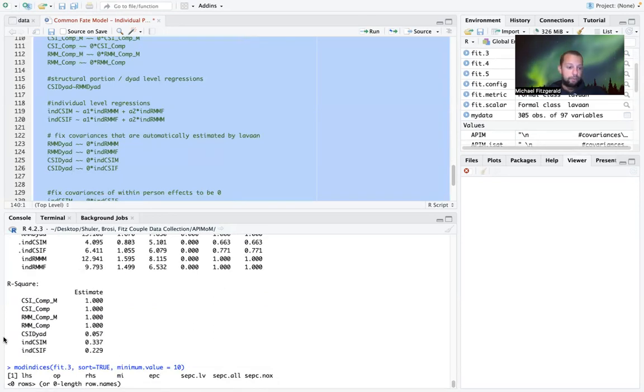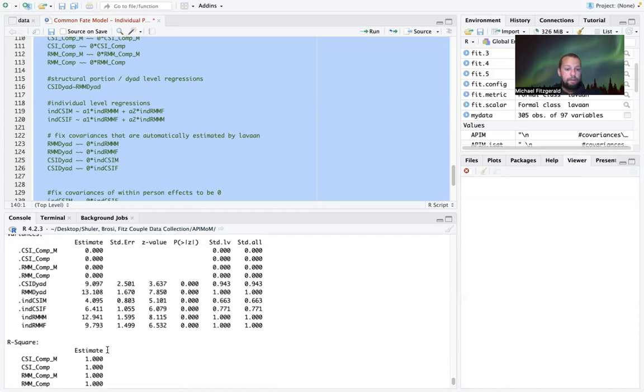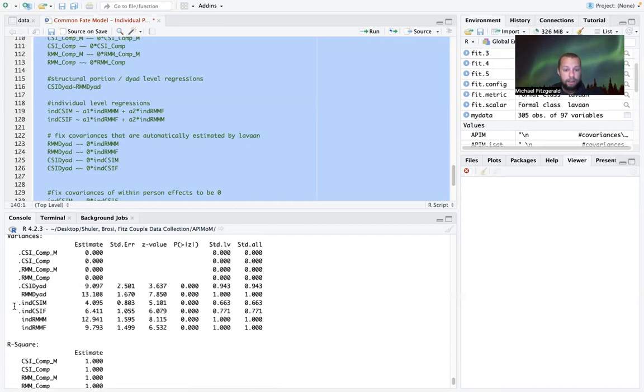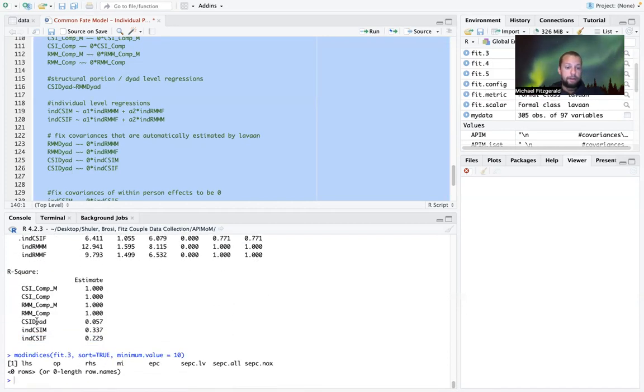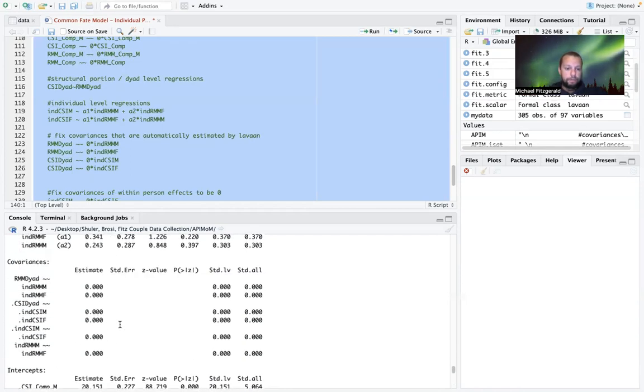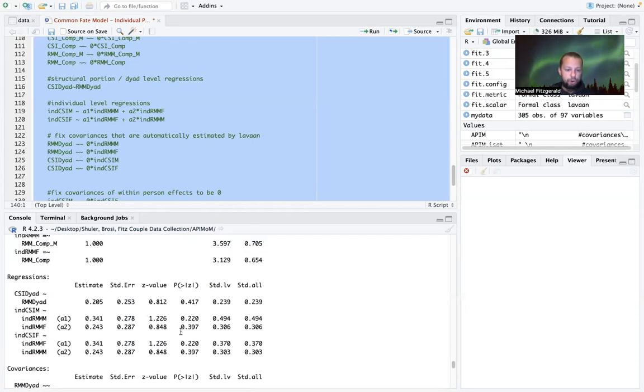The only major difference that you will notice compared to the other models is the explained variance within those individual parameters. They got significantly higher. Previously, this was around 3%, and this was just under 1.5%. So including the partner paths and constraining the actor paths and the partner paths to be equal did shake up the amount of variance accounted for, but none of them were significant.